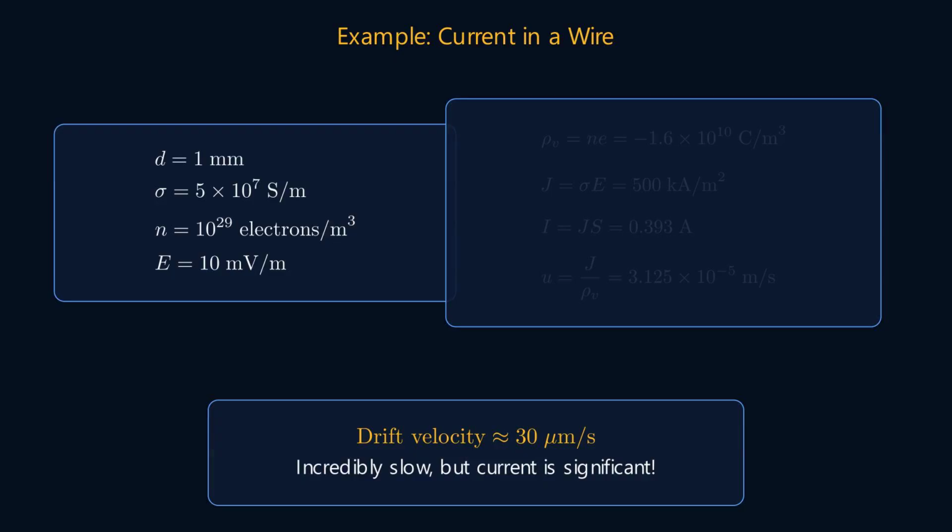So I equals approximately 0.393 amperes. The drift velocity is u equals J over ρ_V, which is 5 times 10 to the 5th divided by 1.6 times 10 to the 10th, giving 3.125 times 10 to the minus 5th meters per second. Notice how incredibly slow the drift velocity is, about 30 micrometers per second, even though the current is significant.